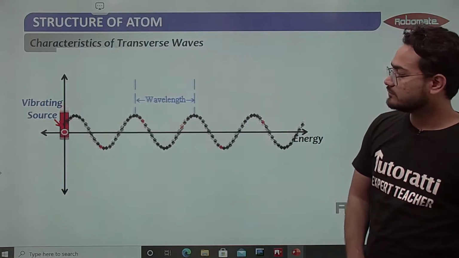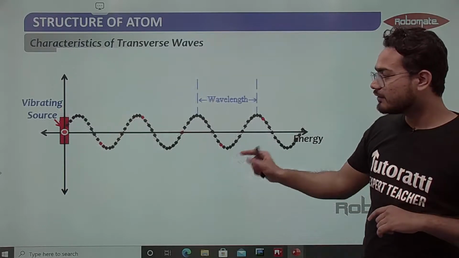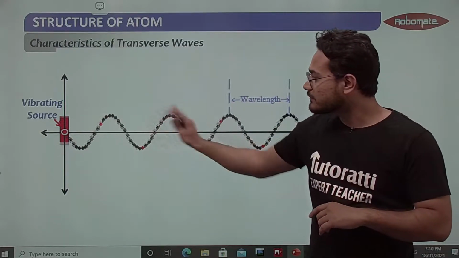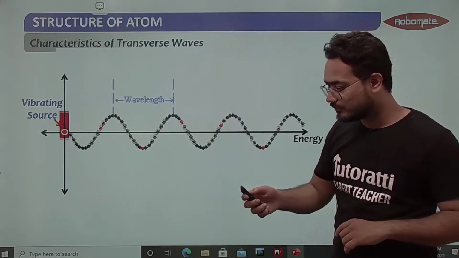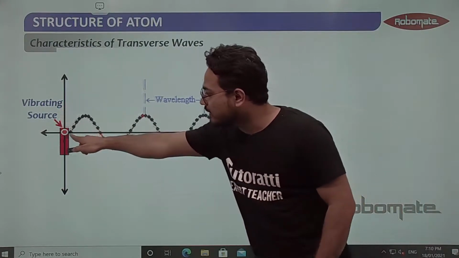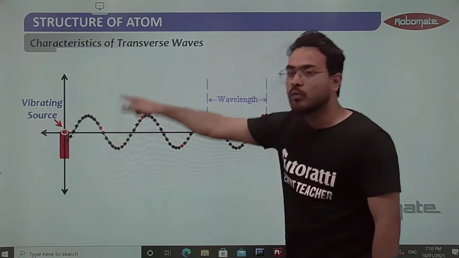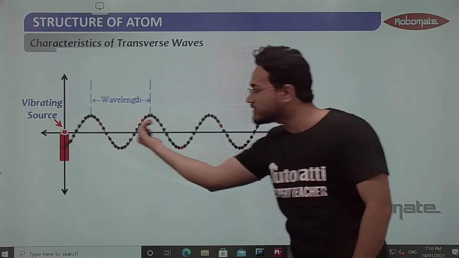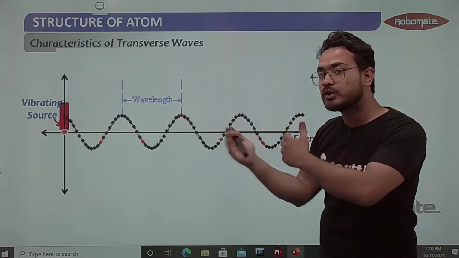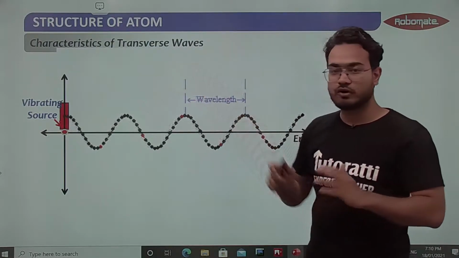Here, a nice snake. Isn't it great? If you see closely, the particle is oscillating in this direction, the vertical direction if I say, and the wave is moving in this direction. So both the directions are perpendicular to each other, and that is how the transverse wave forms.